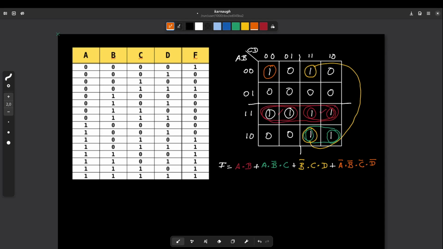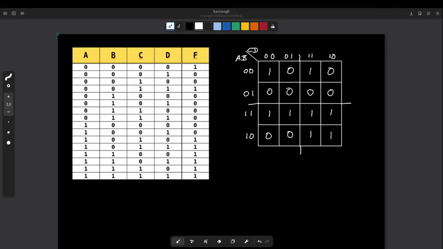So I'm going to take into account the zeros in the Karnaugh's map. Now we are going to get the minimized function as a product of sums. So in this case, we have to take into account the zeros in the Karnaugh's map.